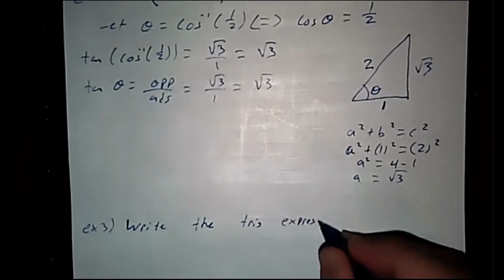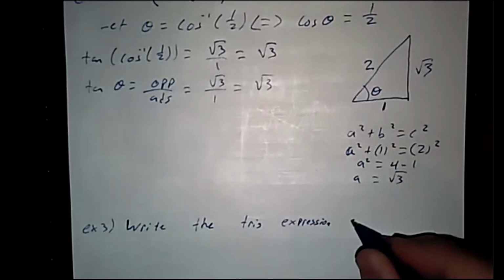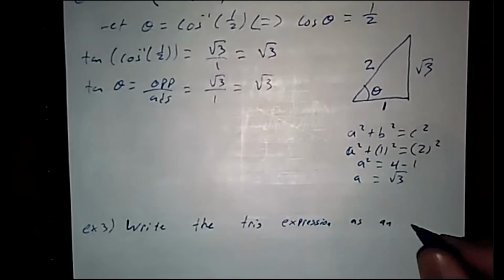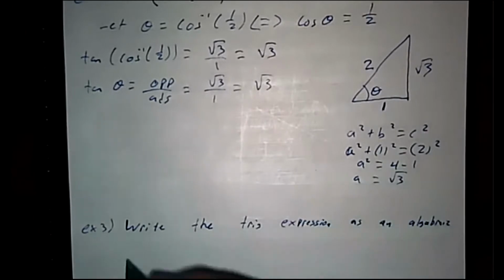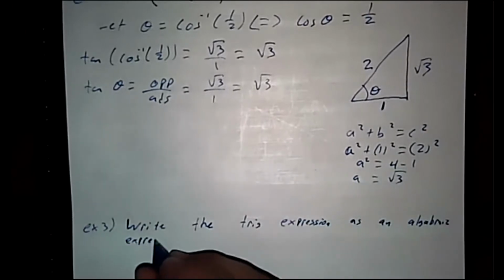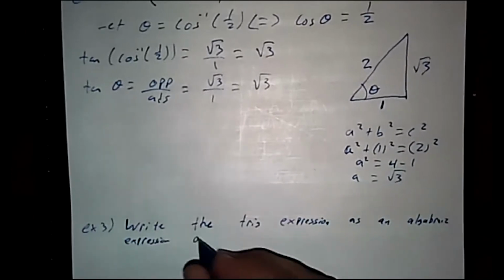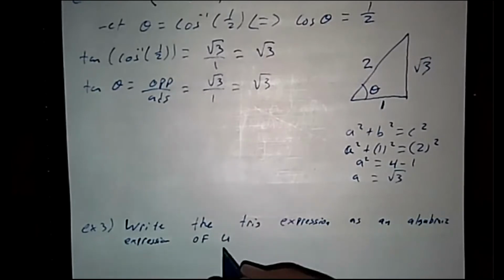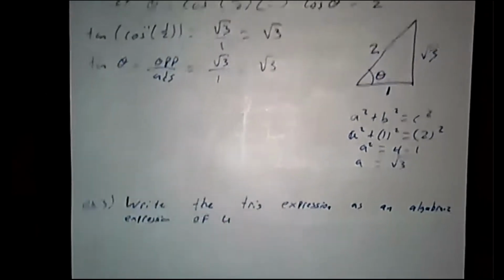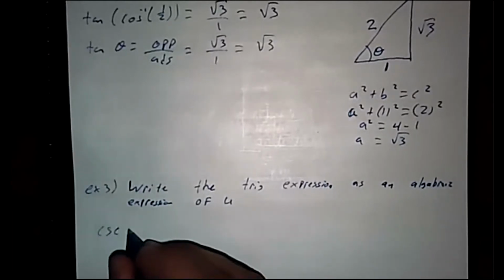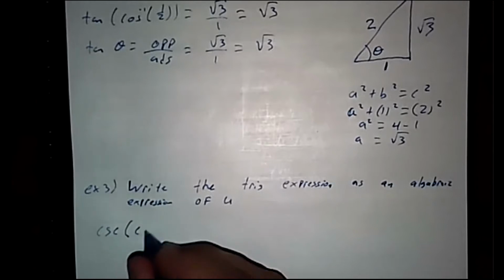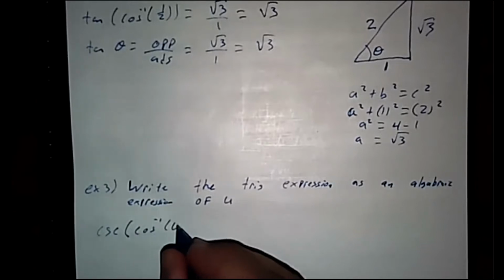Write the trig expression as an algebraic expression of u. Okay, so this time they're saying, all right, what is cosecant of cosine inverse of u?